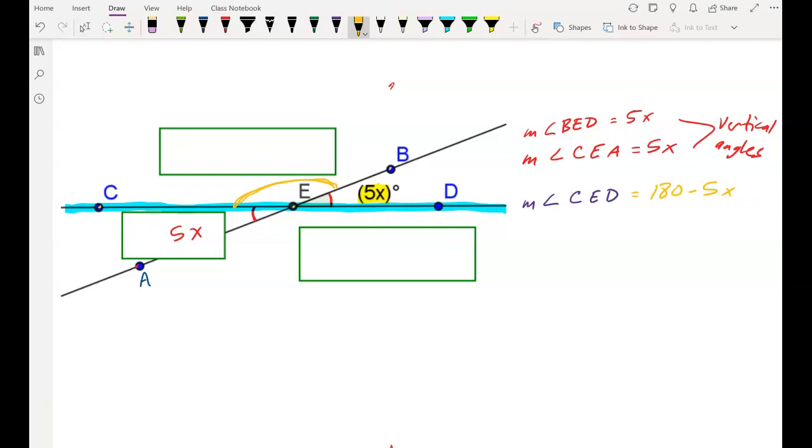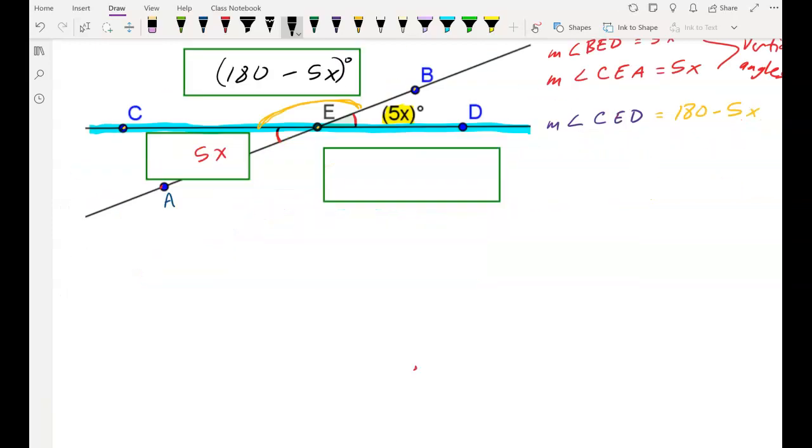Because whatever BED is, if we give it a real number, like 25, we could find the other one by subtracting 25 from 180, and that would tell us what it is. But since we don't know the actual number, we have to use it in terms of x. So this angle is 180 minus 5x degrees.